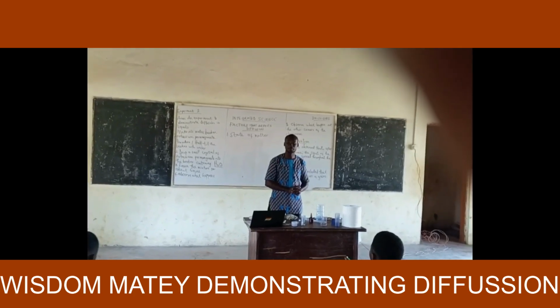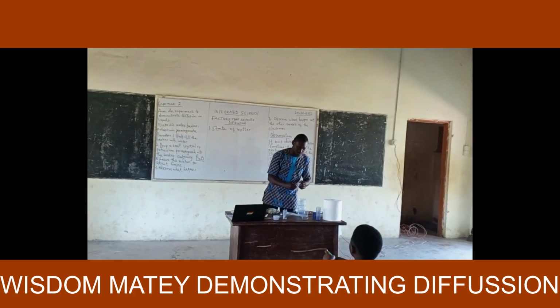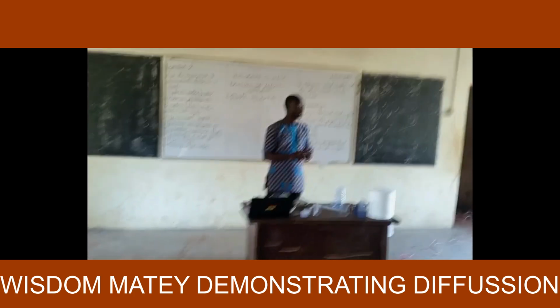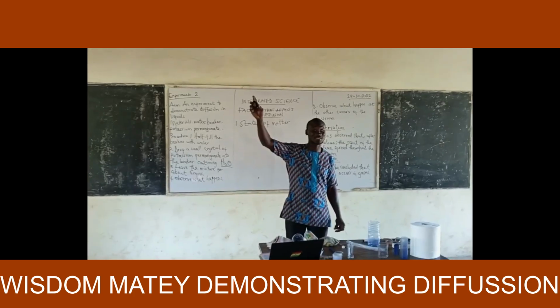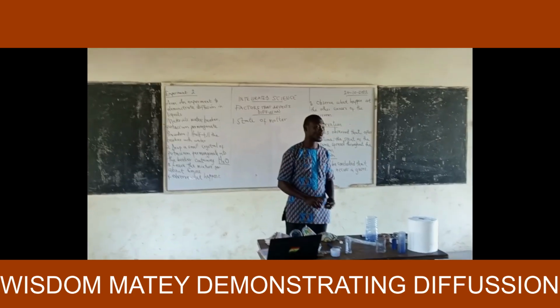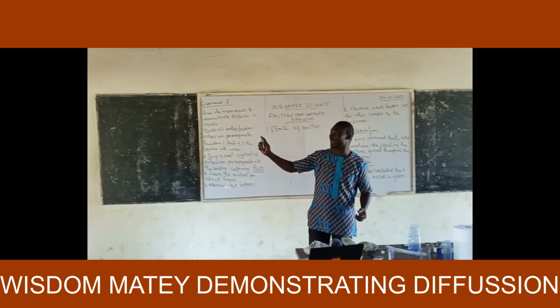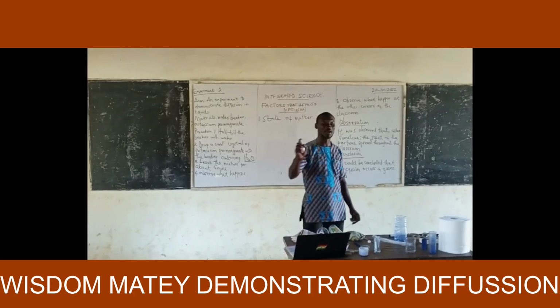Now, let's look at something. This is what? Perfume. Is this solid, liquid, or gas? Liquid, right? But if we spray that, is this still liquid? No, gas. It becomes what you call vapor.